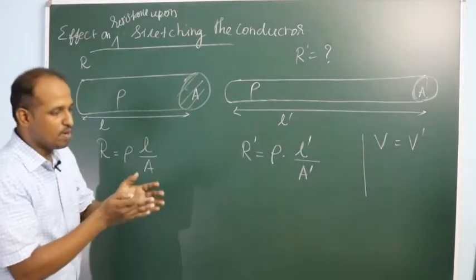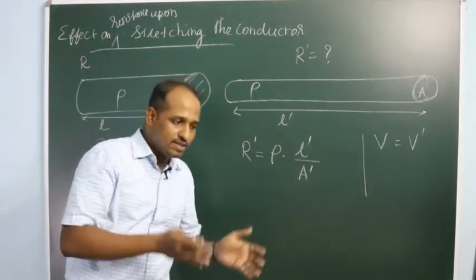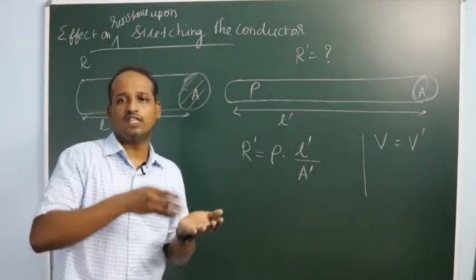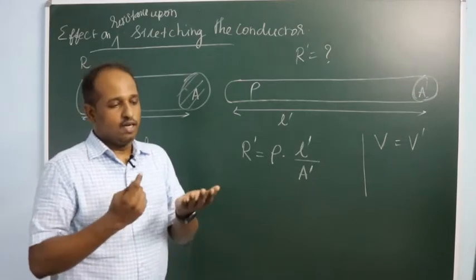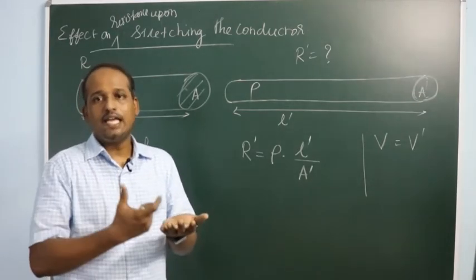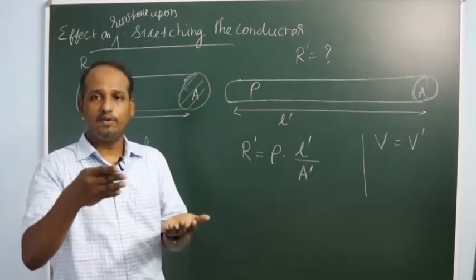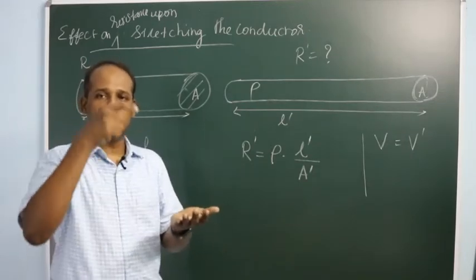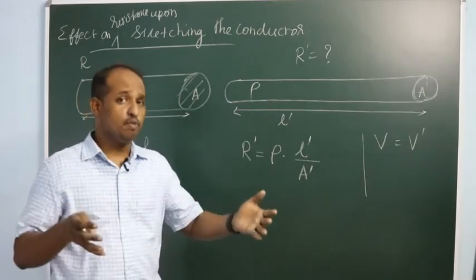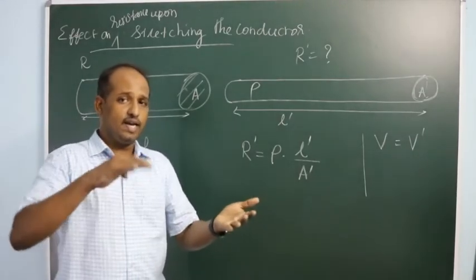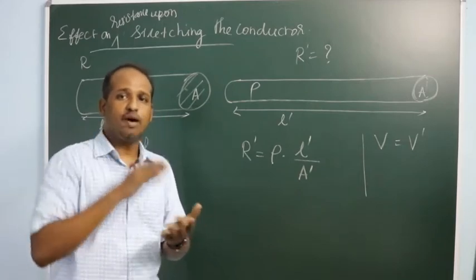Be it a cube or a cuboid or cylinder, anything, the volume is area of cross section into height. If you take a cube, the volume is a cube, which can be written as a square into a. A square is the area of cross section, a is the height. If you take a cuboid, L into B into H, L into B is the area, H is the height.